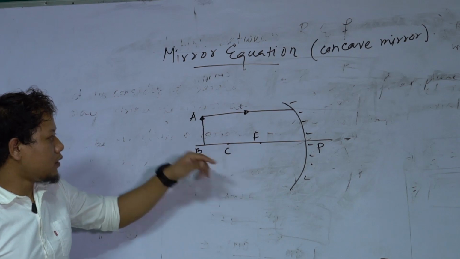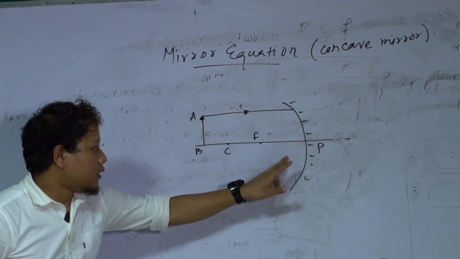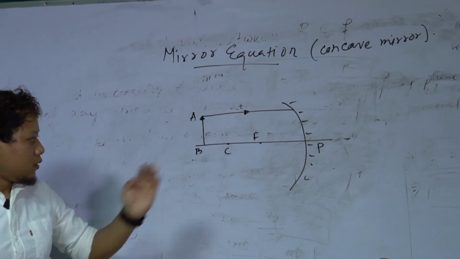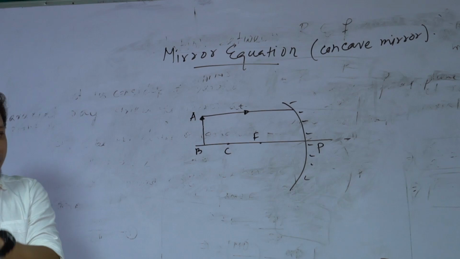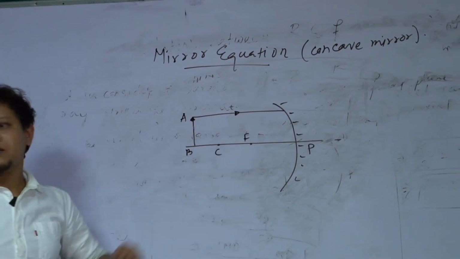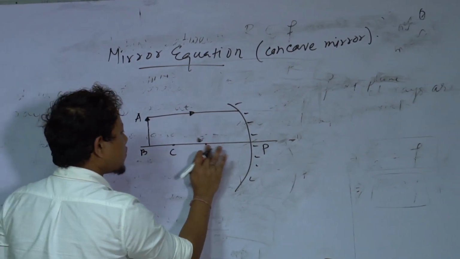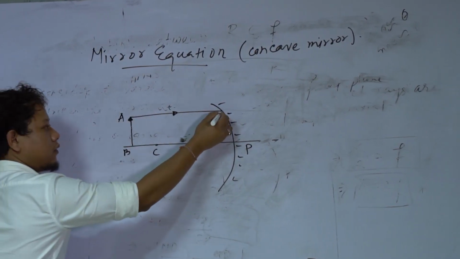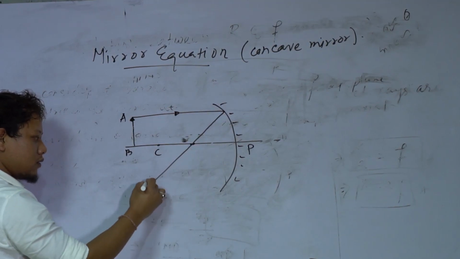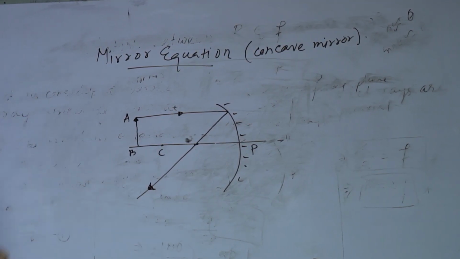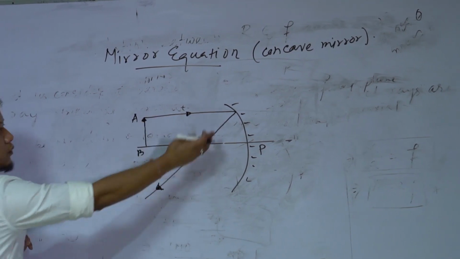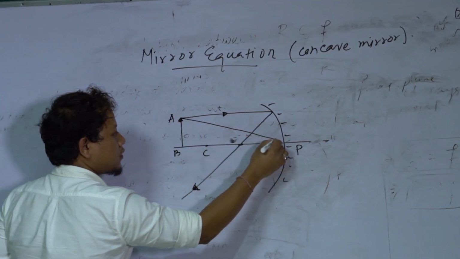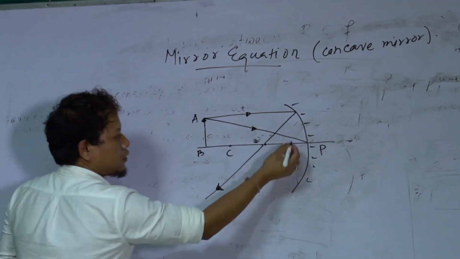If your image is forming anywhere else, your diagram is wrong. So when you place the object beyond the center of curvature, your image must be formed in between the center of curvature and focus. When the parallel beam of light strikes the mirror, after reflection it will always pass through the focus. These are the rules for drawing ray diagrams. Next, let us take another ray.